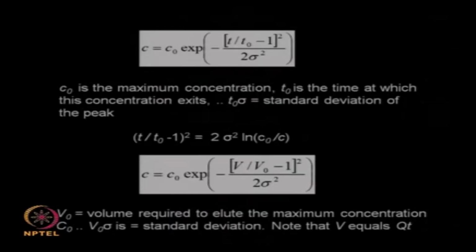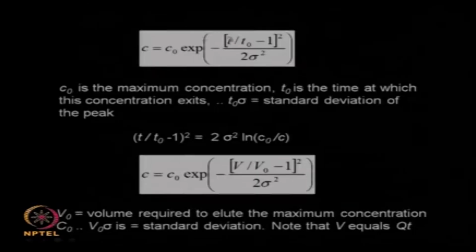Now let us recap some of the equations which I introduced in the previous class. The concentration of the solute that is leaving the column is going to be in the form of a Gaussian distribution. The equation for a Gaussian distribution is C equal to C naught exponent minus (t by t naught minus 1) whole square by 2 sigma square.